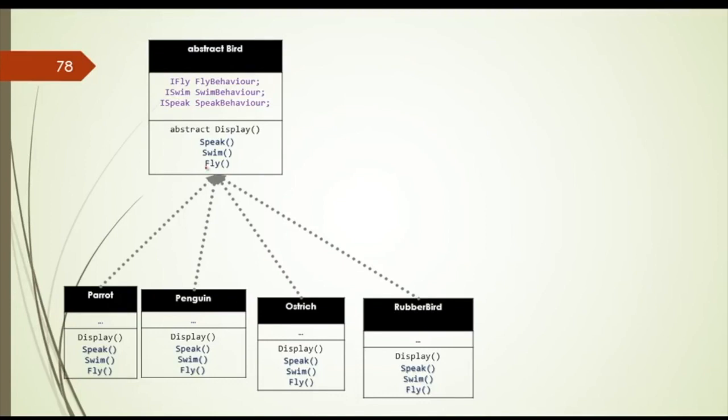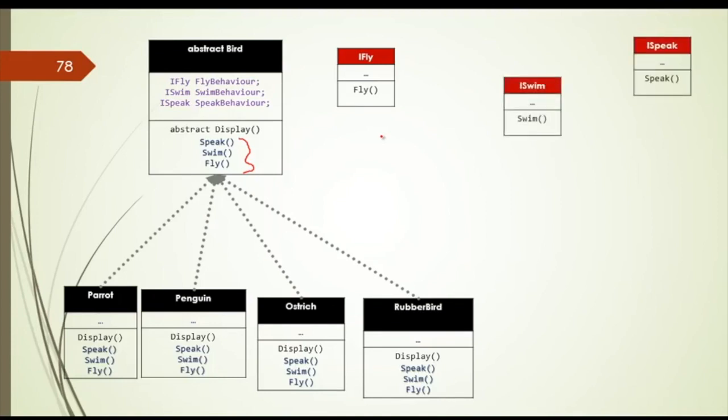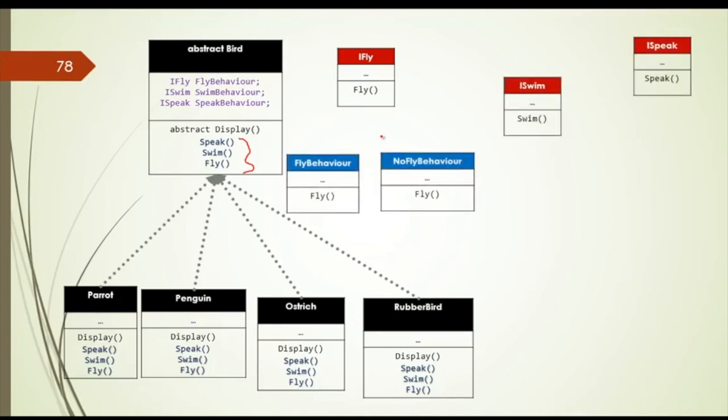And we have these three methods. If you have a real-world application, you would have the relevant methods for that application, and we have an abstract method called display. So what we're going to do is make the interfaces again, but this time rather than just having the interfaces, we are going to implement classes from this interface.